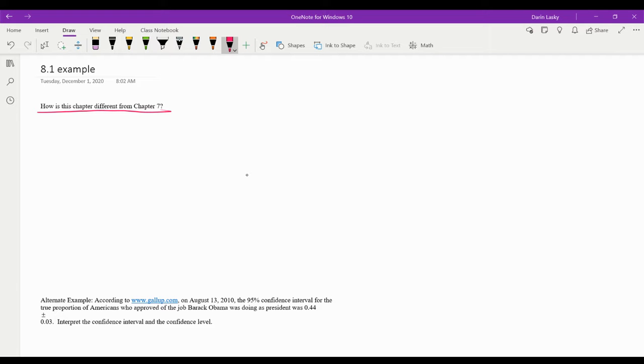Well, chapter 7, if you guys remember, we'll just base it on the candy machine. We had this candy machine, and we said that P was equal to 0.42, let's say.